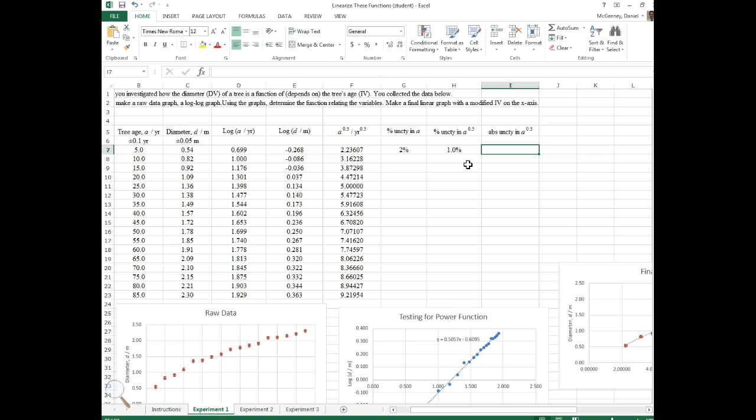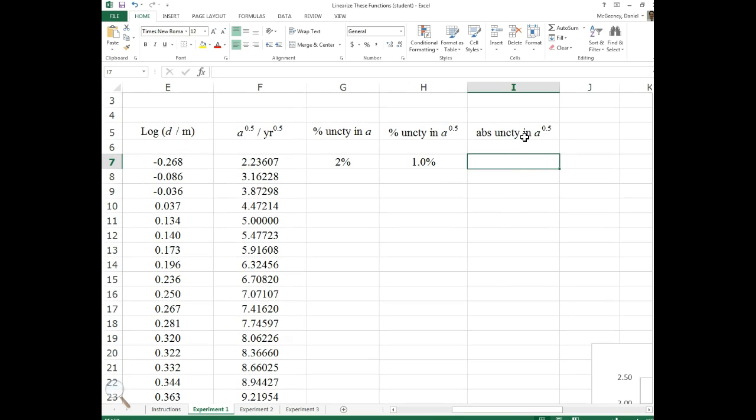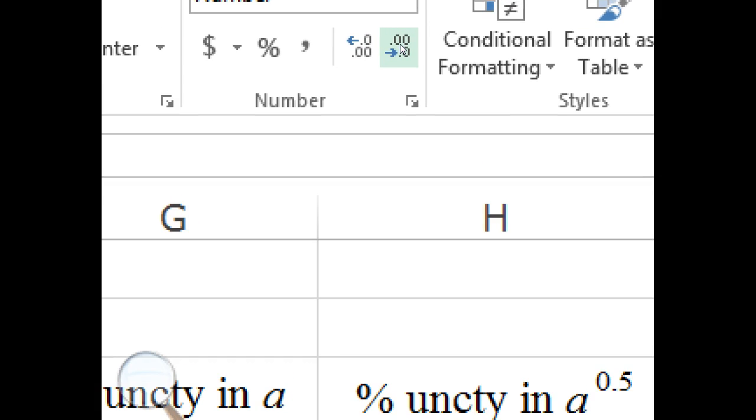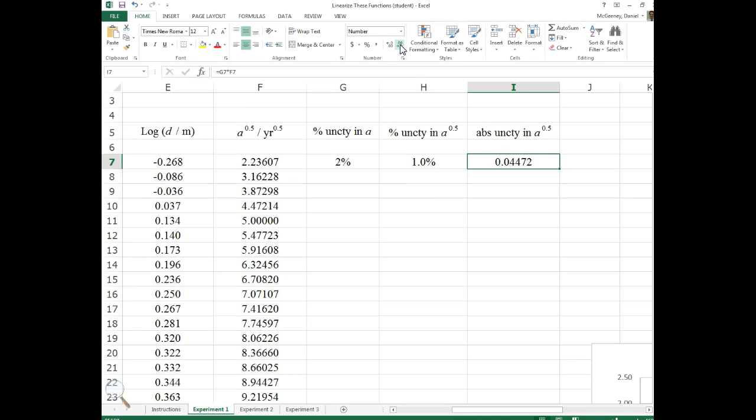Yes, I do. Here's the percent uncertainty, it's 1%, and here's the value of a to the 0.5. So right here, all I need to get the absolute is multiply the percent by the value. Okay, and then I'm going to have to take this number and round it to 1 sig fig, so I can just use the decimal button to decrease the decimal places, and that's how I'll do my rounding.